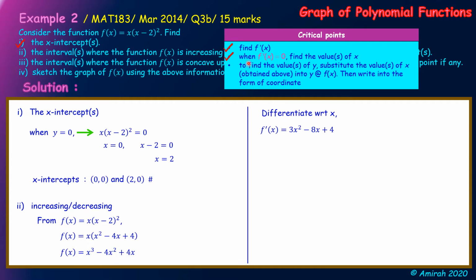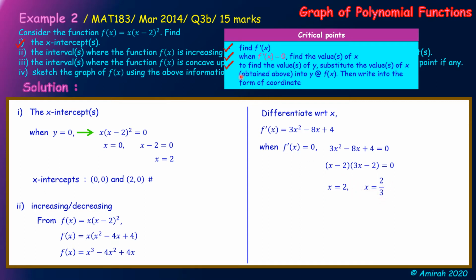After that, when f prime x equals 0, find the value of x. So 3x squared minus 8x plus 4 equals 0. Then we solve the quadratic equation and get x equals 2 and x equals 2 over 3.